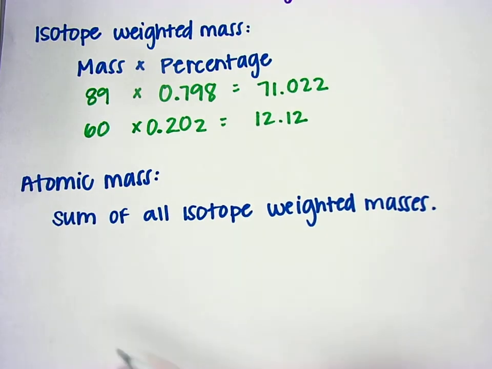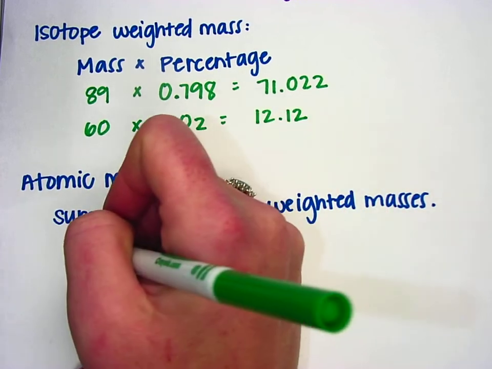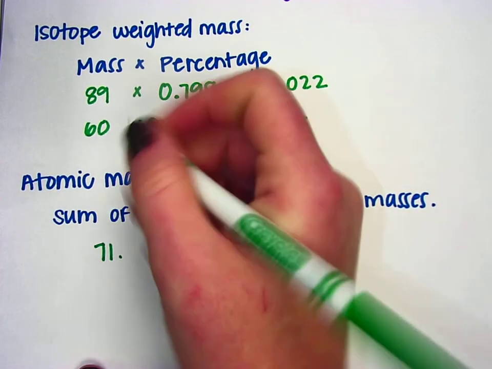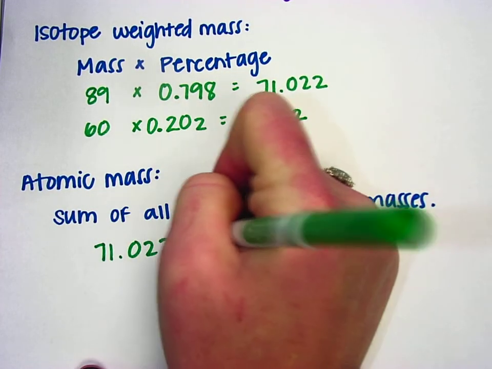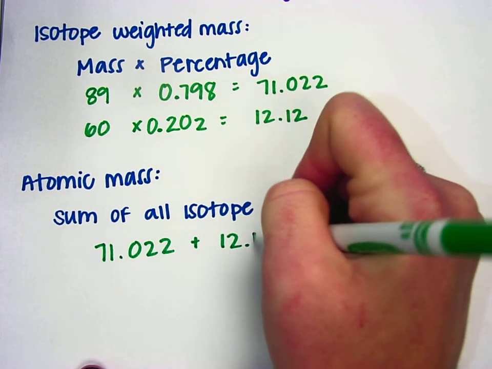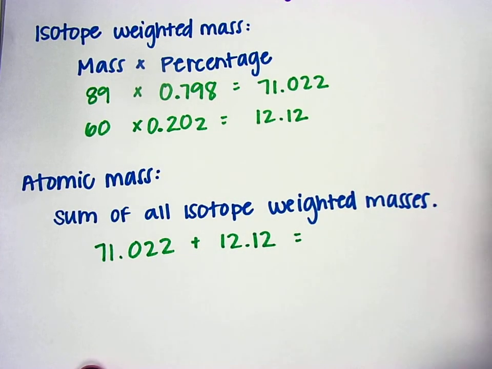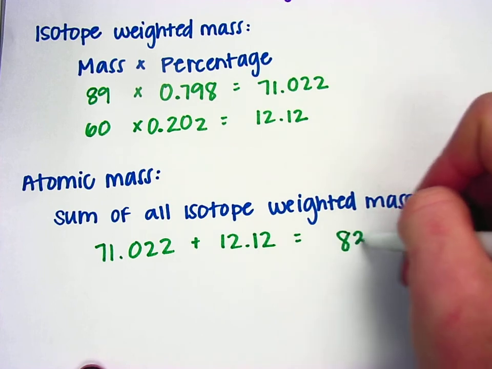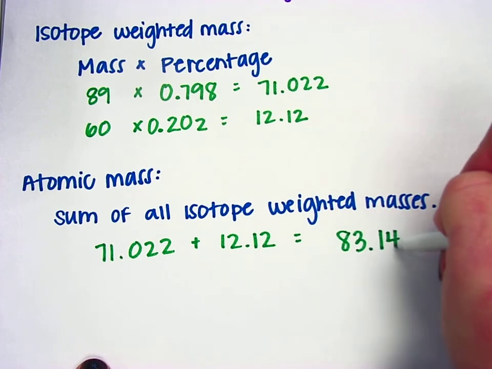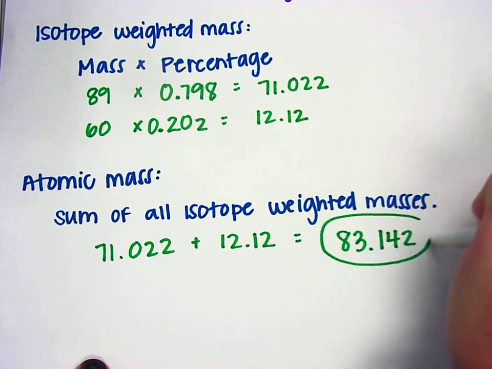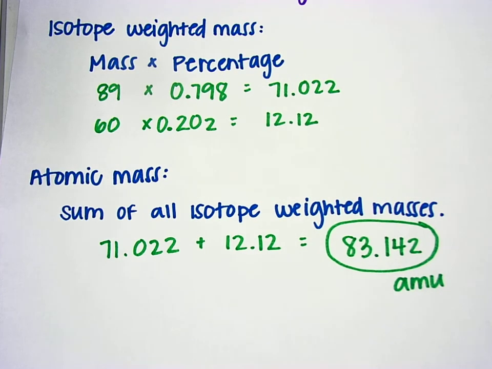All I have to do is add the two numbers that I got together. So 71.022 plus 12.12 will give me the atomic mass of 83.142. And that would be in AMUs. So that is how you calculate average atomic mass.